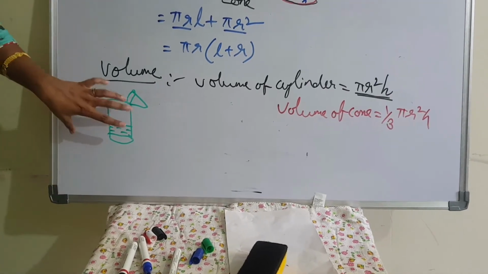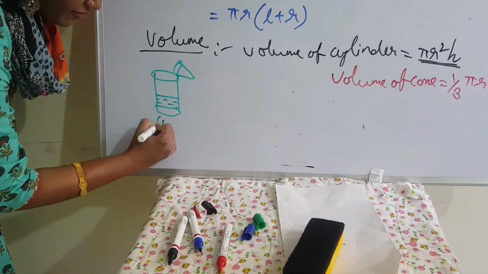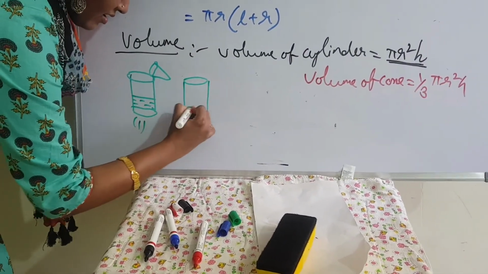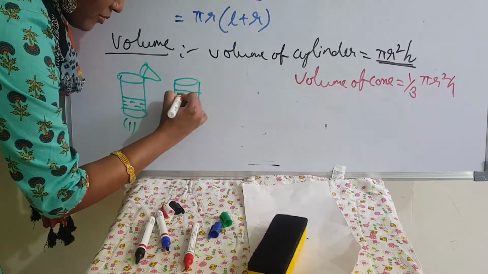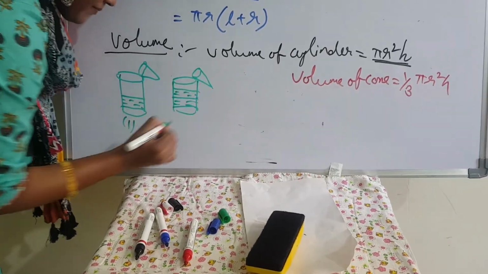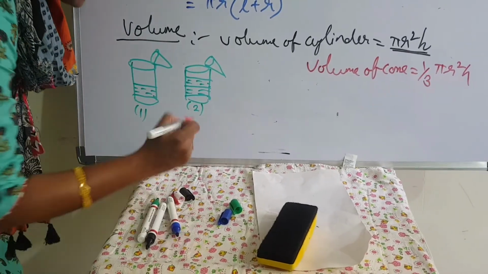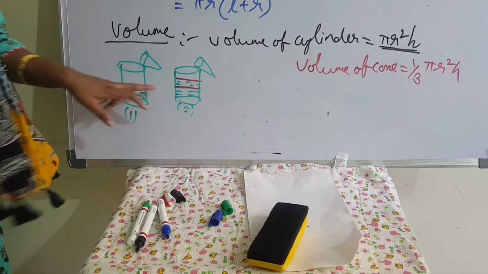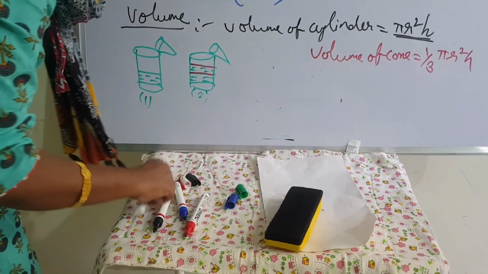If we pour some water in the cone, this is the first part. One time. Already we poured one time. Another time we are pouring. Second one. Here we can see the difference. First time, this one second time, and third time.